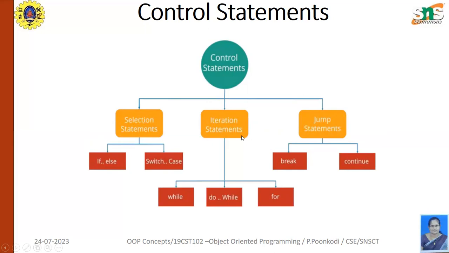Next one is the iteration statement. It will check for the condition. If the condition is true, it will execute that particular code block. Else it will skip the true part and go for the else part. Here the iteration statements are while, do while and for.